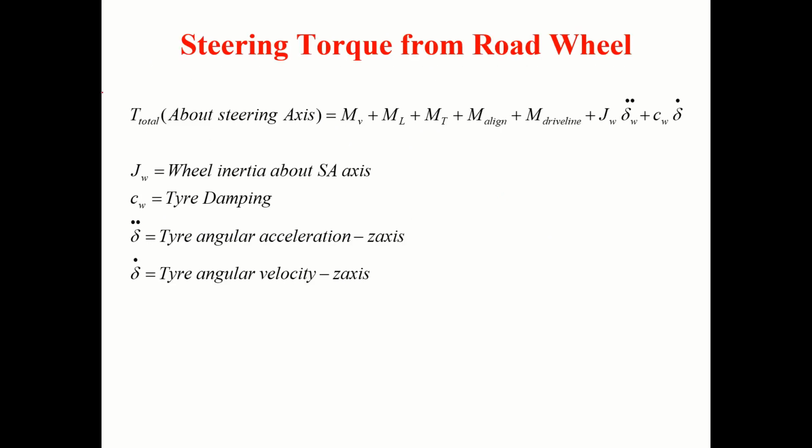Now the total steering torque, T total. So vertical forces, lateral forces, traction, aligning, drive line. The wheel is also rotating about the Z axis. So then you can simply say delta Z. This is your wheel dynamics.